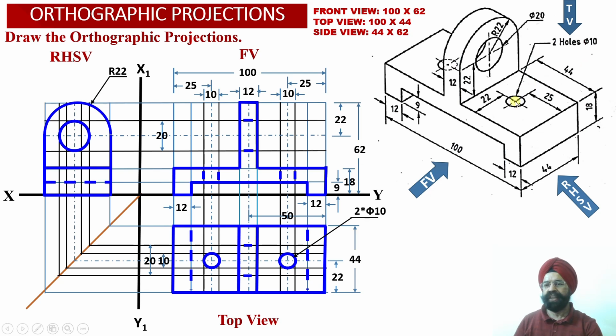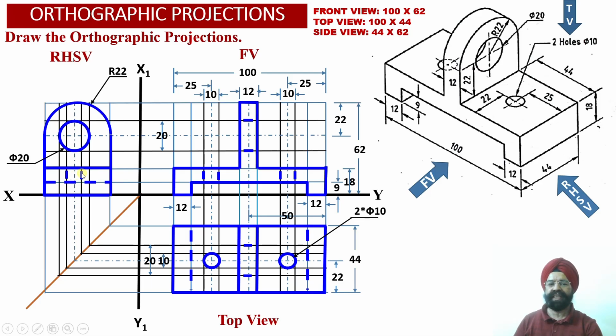And finally, these two holes which are lying on this horizontal web, we are going to observe hidden line projections into the right hand side view projections corresponding to these two holes, which are going to overlap with each other. So these two holes will be overlapping into the right hand side view projections.